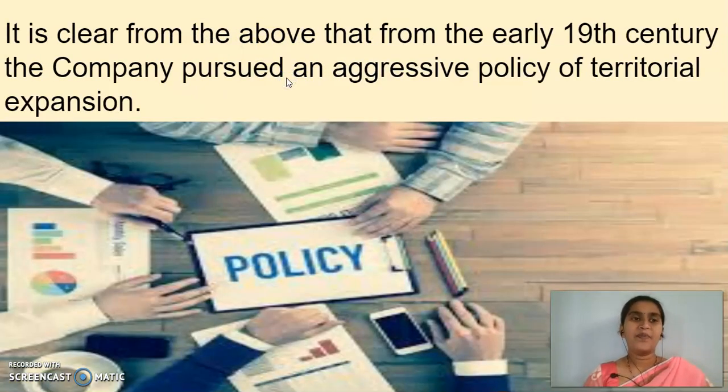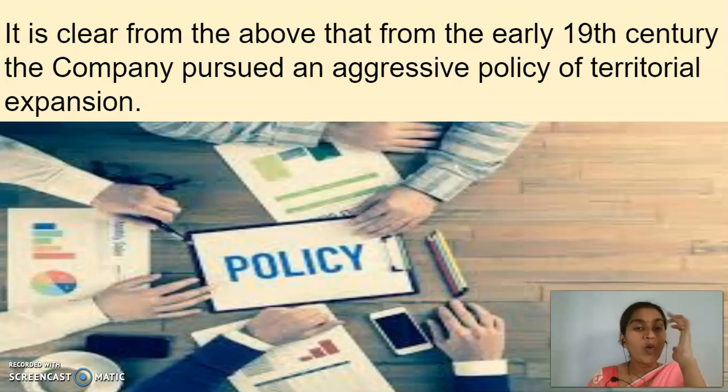See here. It is clear from the above that from the early 19th century, the company pursued an aggressive policy of territorial expansion. So finally what happened? Earlier their idea was only to expand their trade, but later their vision and mission both changed.